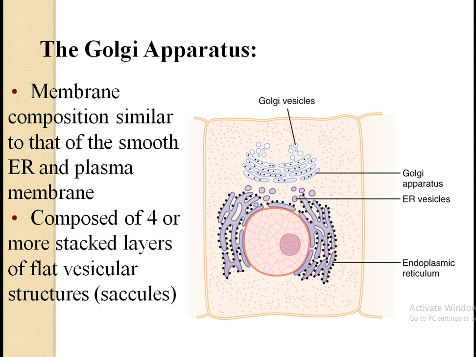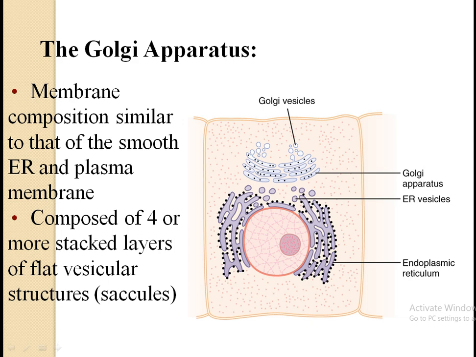The membrane of the Golgi apparatus is similar in structure to that of the smooth endoplasmic reticulum and plasma membrane. It is composed of 4 or more stacked layers of flat vesicular structures.